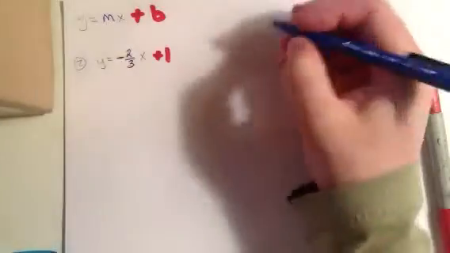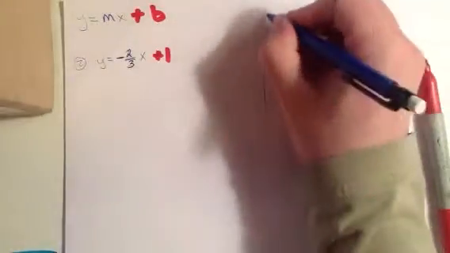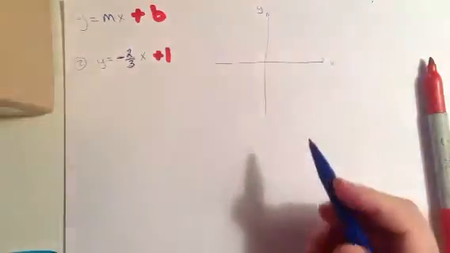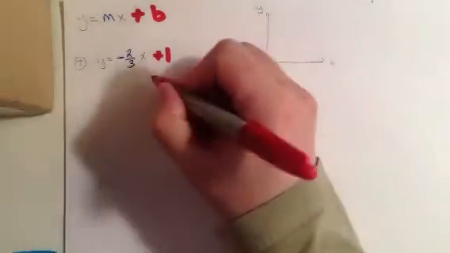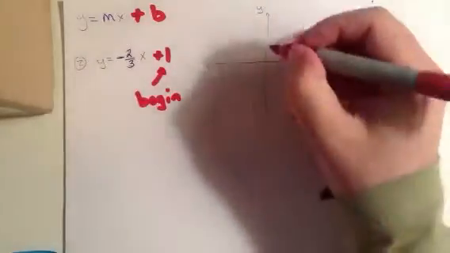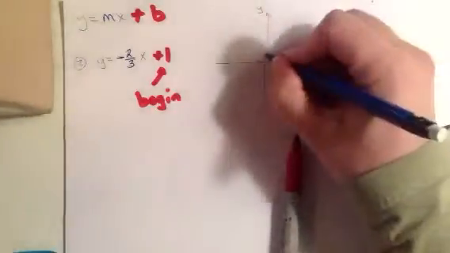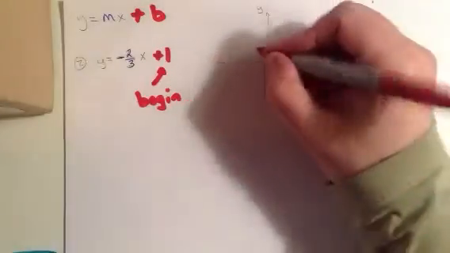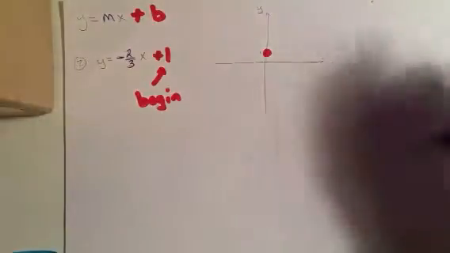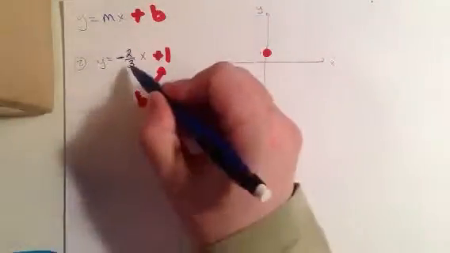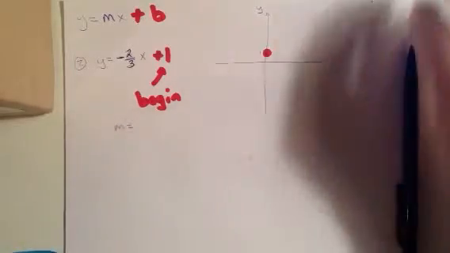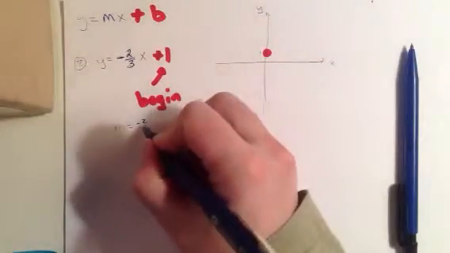So sketch an axis, x and y. I begin with the plus 1. This is my b. So I go up 1 and plot a point. Now I need to identify my slope. So my slope, this is how I move, the m, equals negative 2/3.